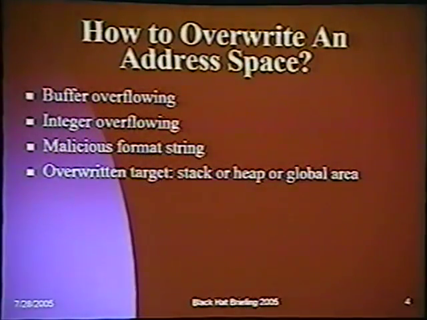So the question here is how does the attacker actually overwrite or tamper with the victim application's address space? The most dominant way that people use today is buffer overflowing. They input something and then overflow the particular storage space allocated to receive that input packet.